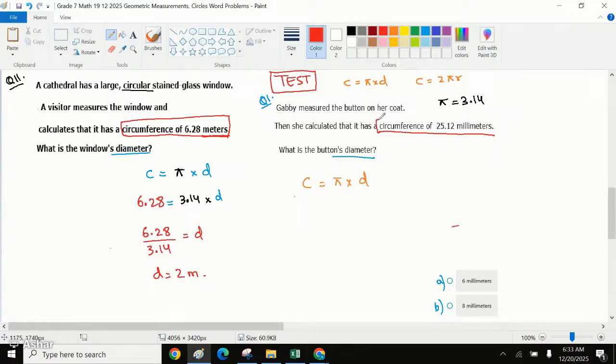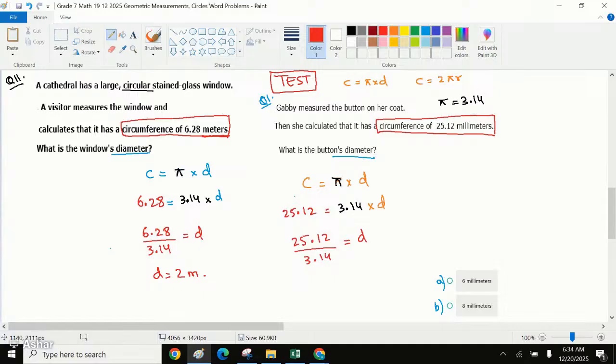The circumference is already given to us, that is 25.12 equals pi. The value of pi can be written as 3.14 multiplied by the diameter. So when we simplify this, 25.12 is divided by 3.14, and we can find the answer for the diameter if we divide them.